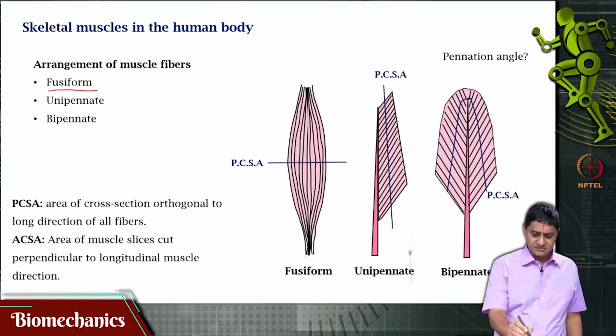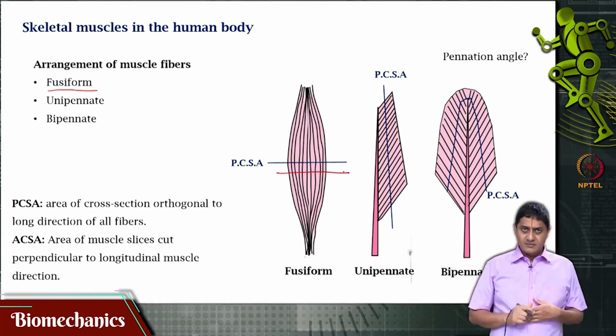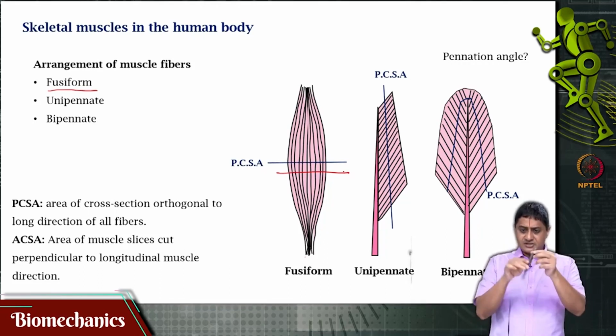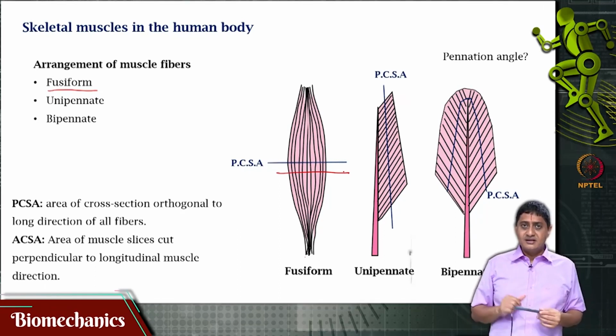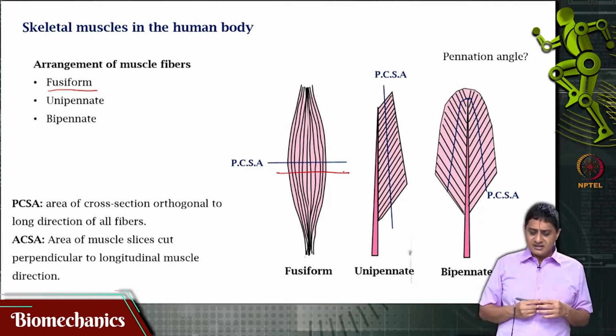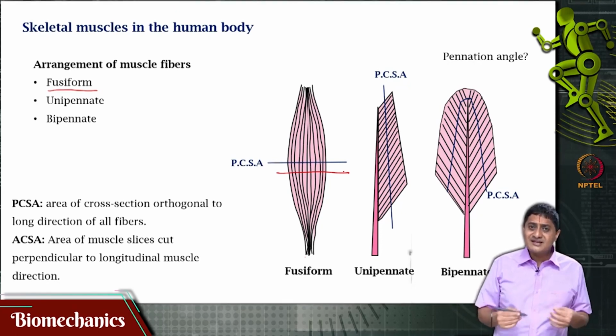So this is the muscle, I take a section and look at that section and find its area. That is the cross sectional area, taken for the muscle as a whole.